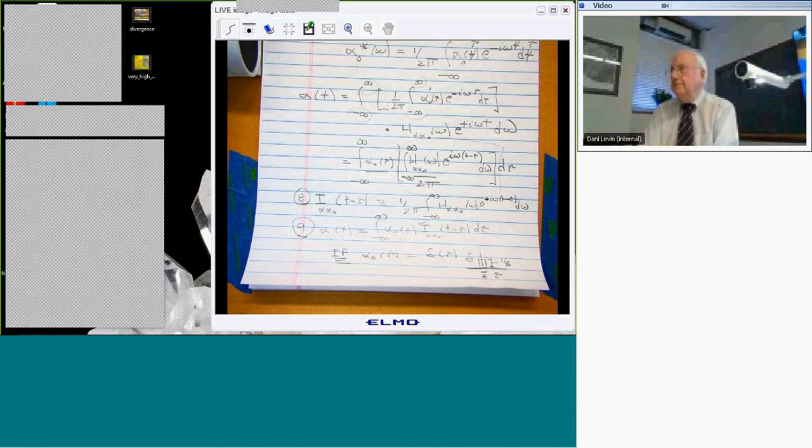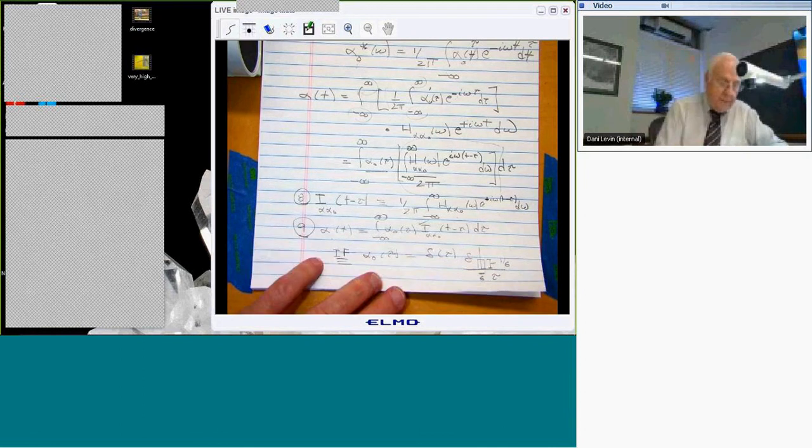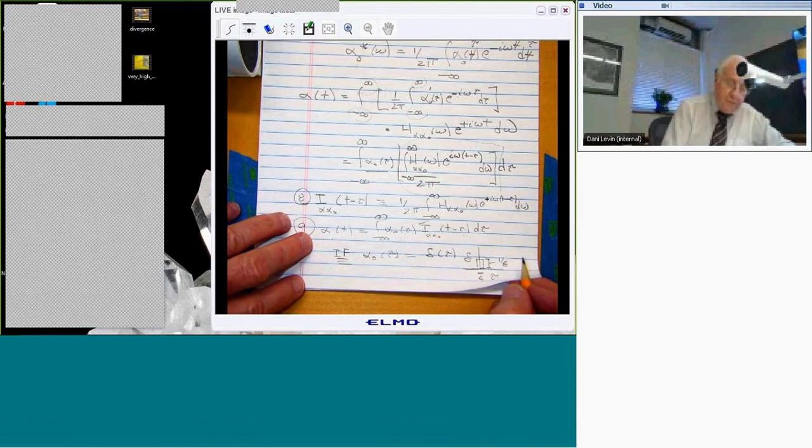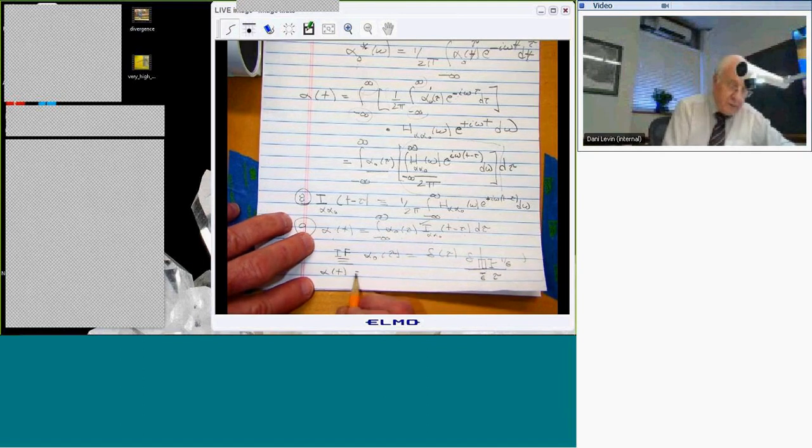Well, if I make this a delta function and I integrate over all time, tau, the only thing that will survive is this function evaluated when tau equals 0, right? So if this is true, then alpha of t for this very special alpha naught of tau is just equal to I alpha naught of t.